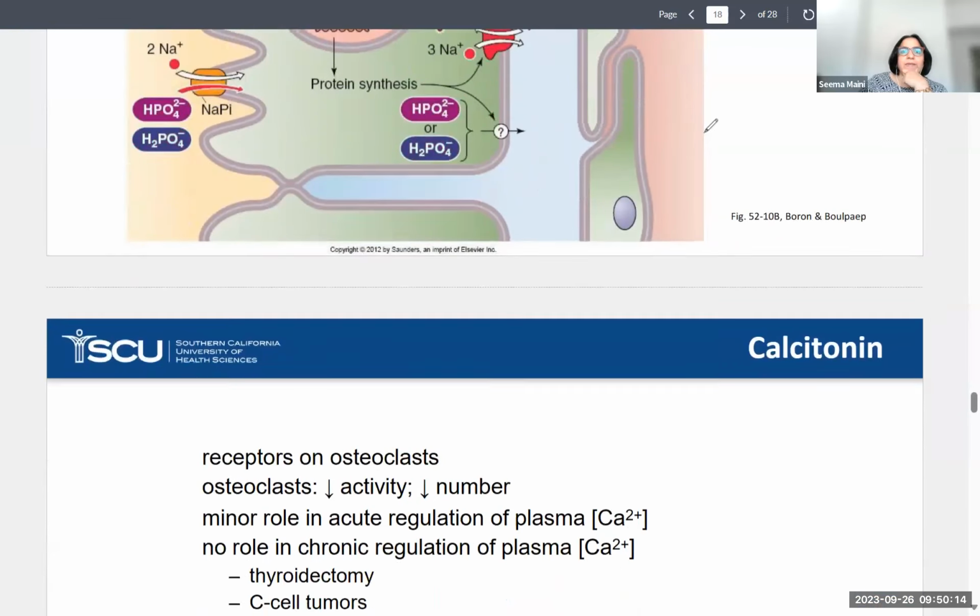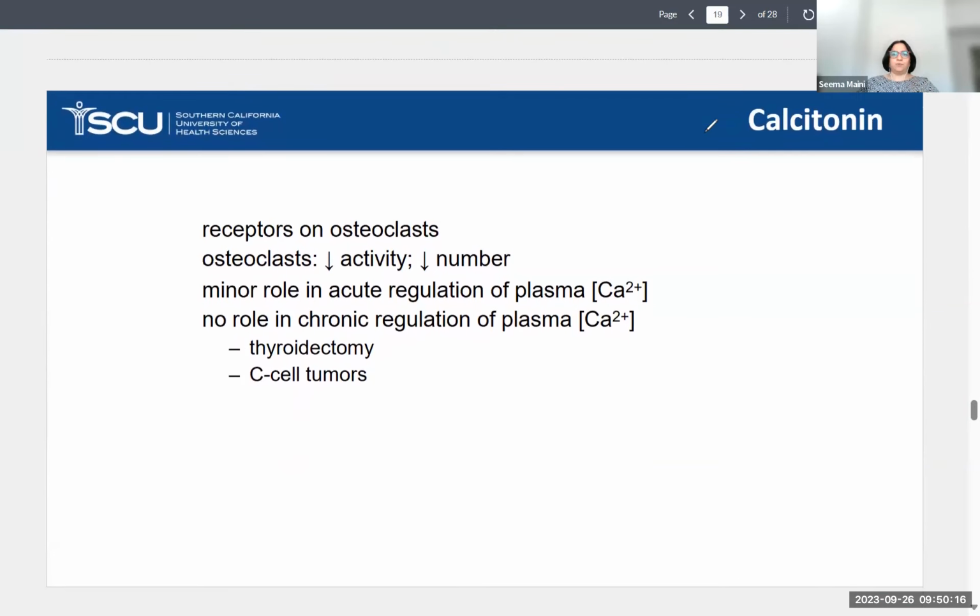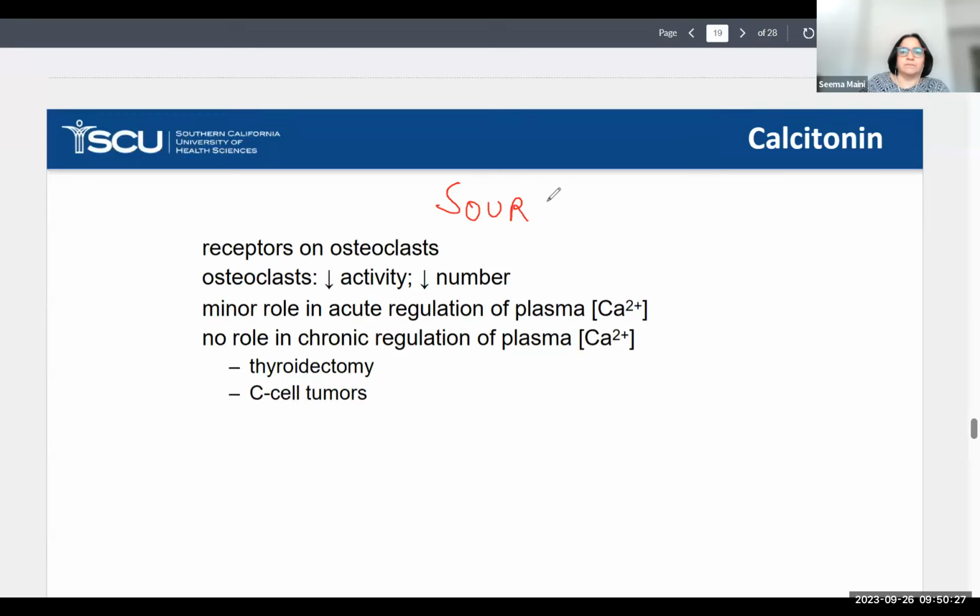All right? And then there is this third hormone, that is calcitonin. What is the source of calcitonin? Parafollicular C cells of what? Where are they located? Thyroid. Good, right?